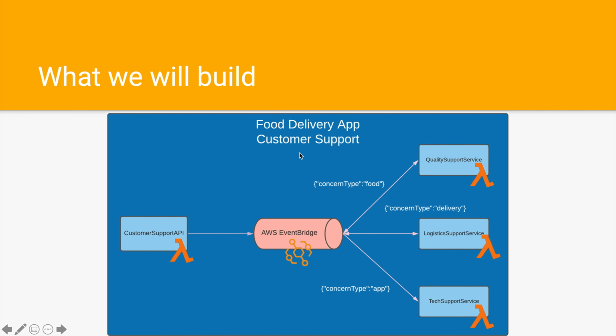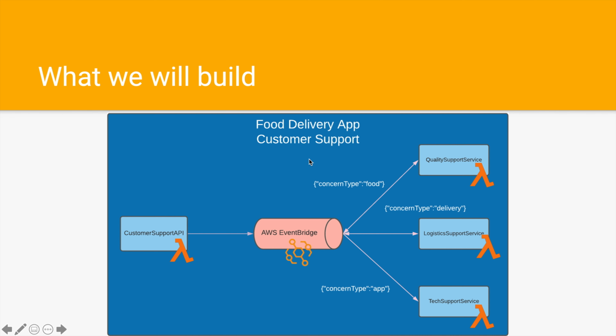Let's say, for example, a customer reports something about his food, like it wasn't properly cooked, or that it wasn't handled carefully during delivery, or maybe there's a problem with the app itself, like it's slow or not loading the food items.